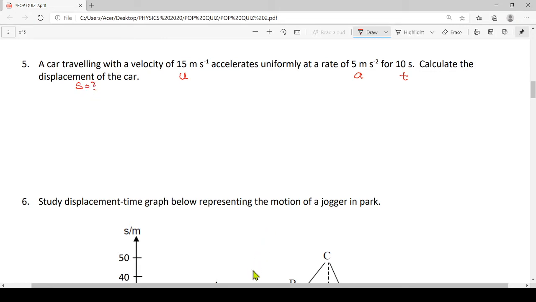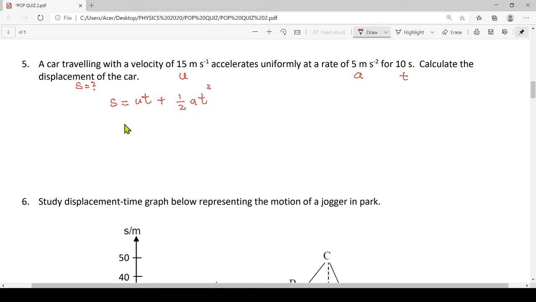Okay, so we recall our linear equations for motion. So this one I have u, I have a, I have t, and I have to find s. So you should know that s equals ut plus 1 over 2 a t squared.